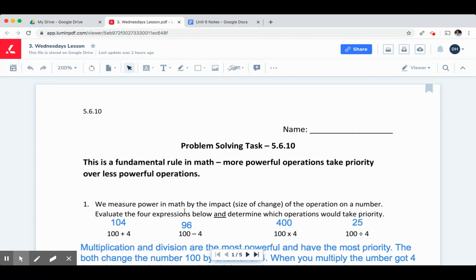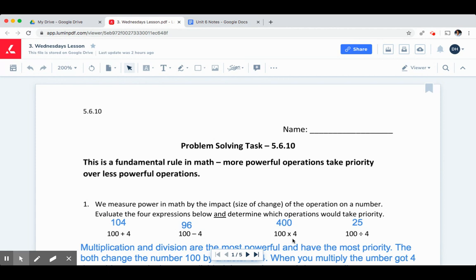So I noticed that addition and subtraction had the same impact or the same power, because when you added by 4 and when you subtracted by 4, you changed the number 100 the same amount. So here we can say that addition and subtraction both have the same amount of impact or the same level of power.